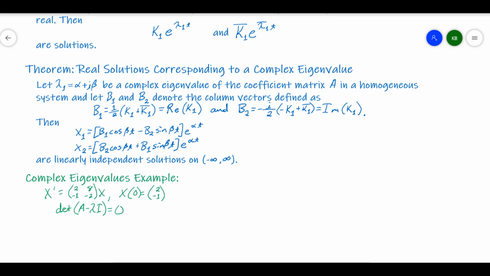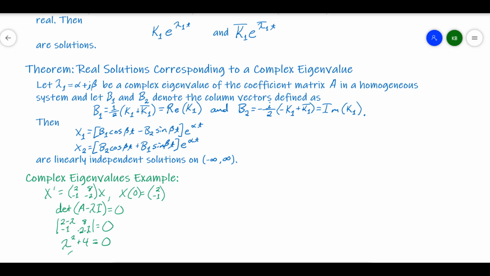So this is going to end up looking like 2 minus lambda, 8, negative 1, negative 2 minus lambda. Taking that determinant, setting it equal to 0, that determinant's going to end up looking like lambda squared plus 4 once we multiply everything out and simplify it.